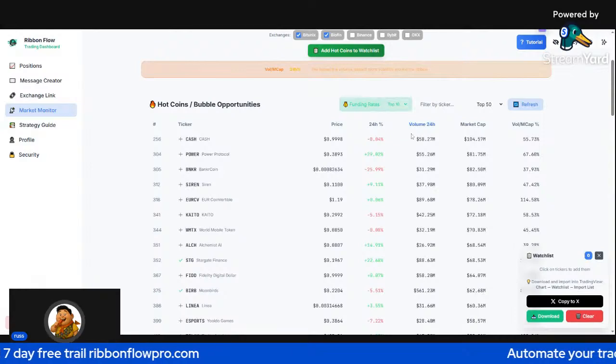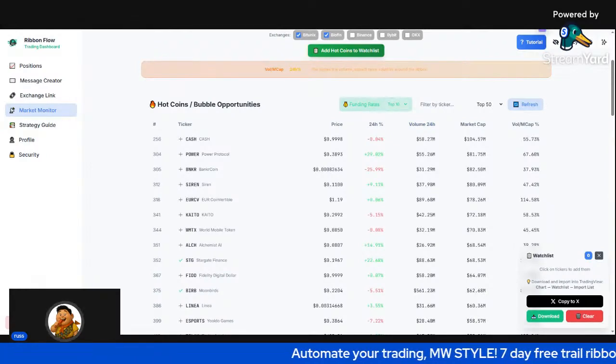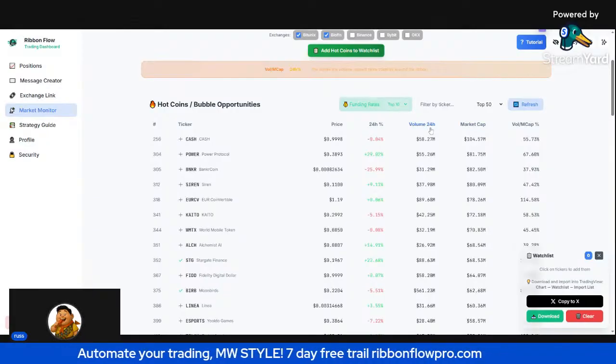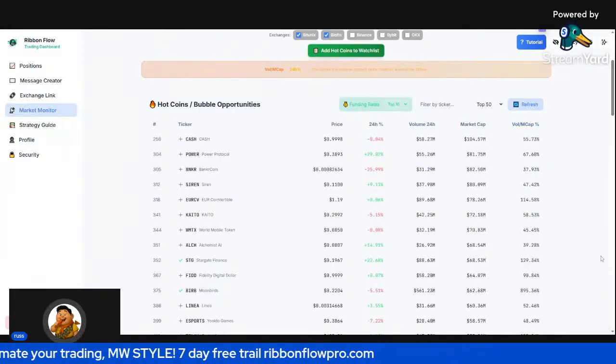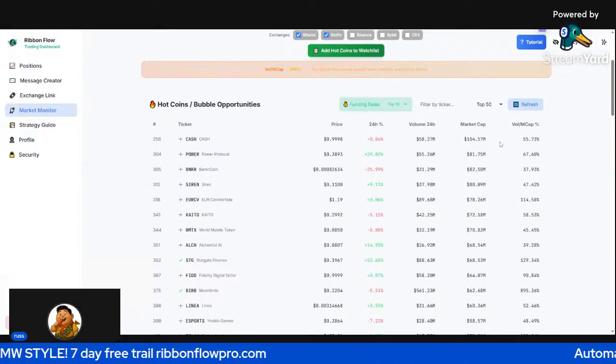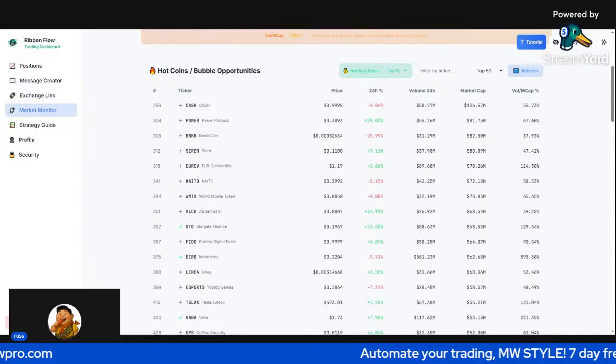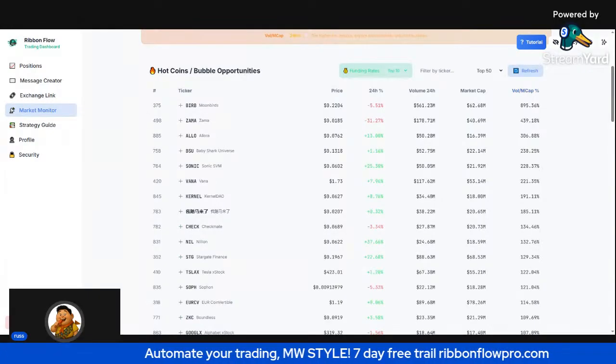Unfortunately, I can't get the funding rate data to come on here, which would be nice, but you can get the market cap, you can get the volume. I have tried also to pull in the data to see where the volume is coming from, what exchange, but that's okay for now. And if you click on volume to market cap, it gives you the highest one.